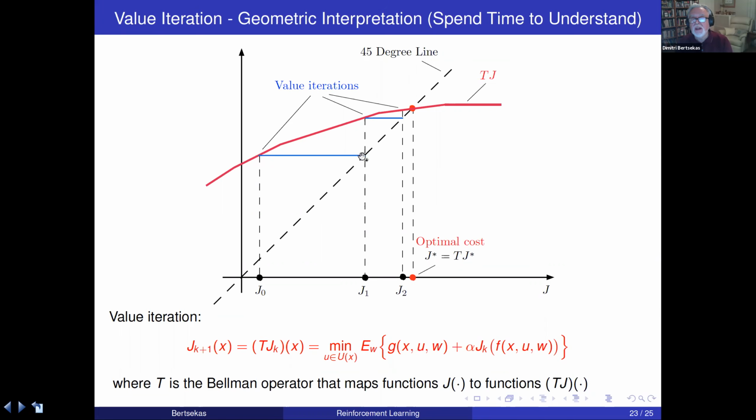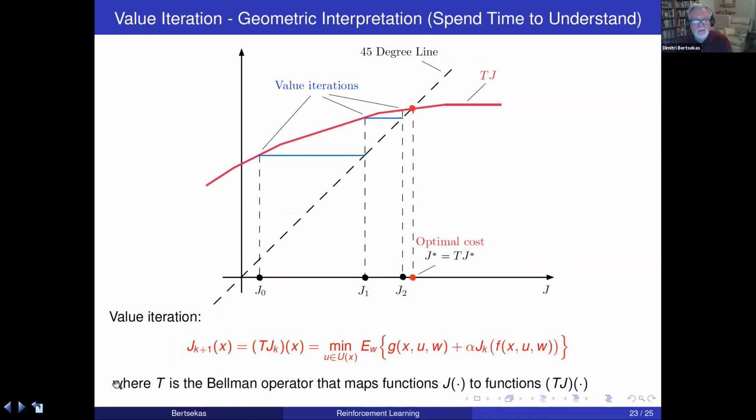You go horizontally and then go down, and this gives you J1. Now, how do you construct J2? J2 is equal to T sub J1. T sub J1 is this level here, and you can mark it on the horizontal like so. So value iteration is just the staircase construction on this figure here.